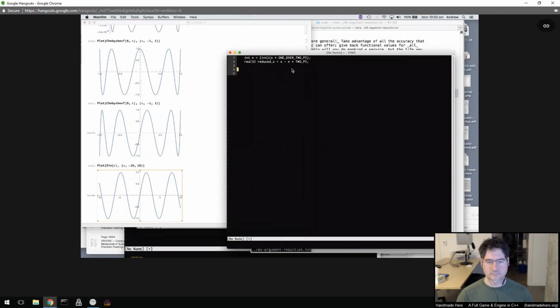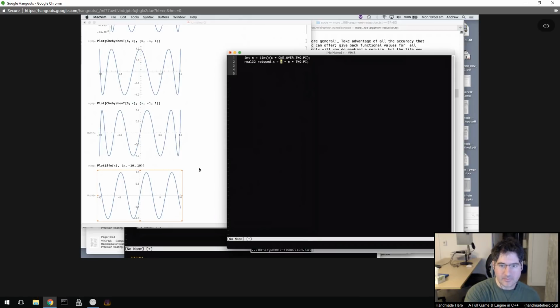We can deal with x in a much more limited range than that. We've got this truncation to an integer, which is actually a more expensive operation than you might think, and there are ways around that.